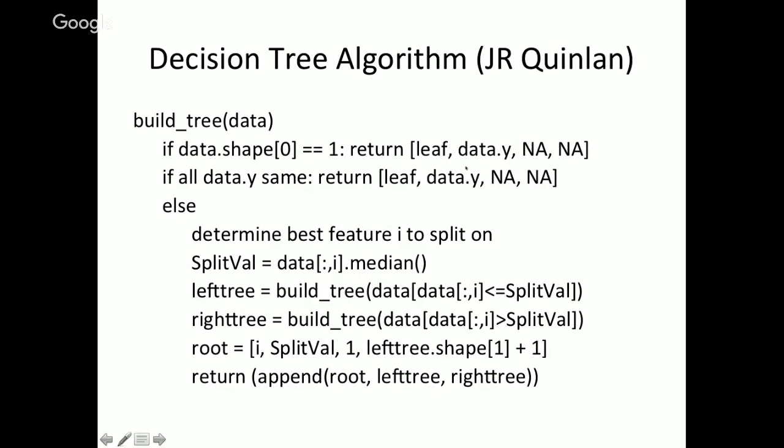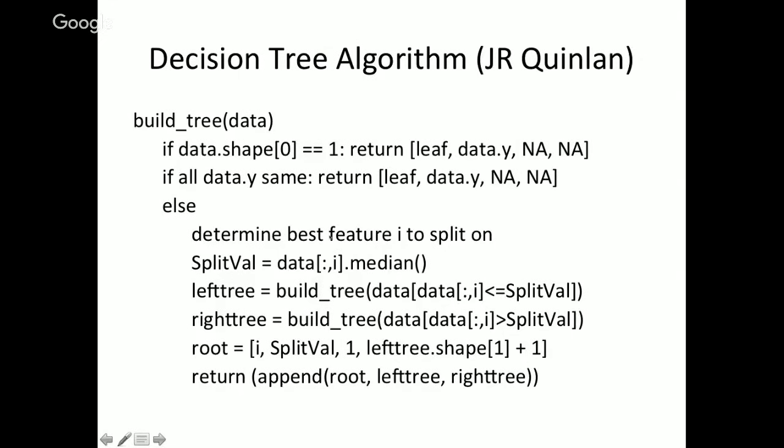Now, if neither one of those conditions is met, then we have real data that we can build a tree with. So the first step here is to determine the best feature to split on. As an example, if we're getting called for the first time to build a tree, say using the wine data, this question is essentially, what is that first question that we're going to use to build our root node?